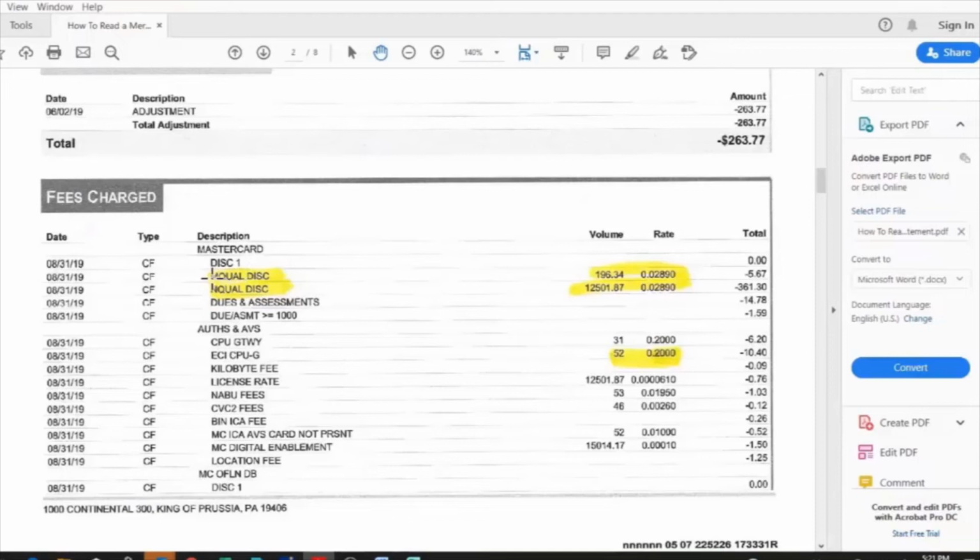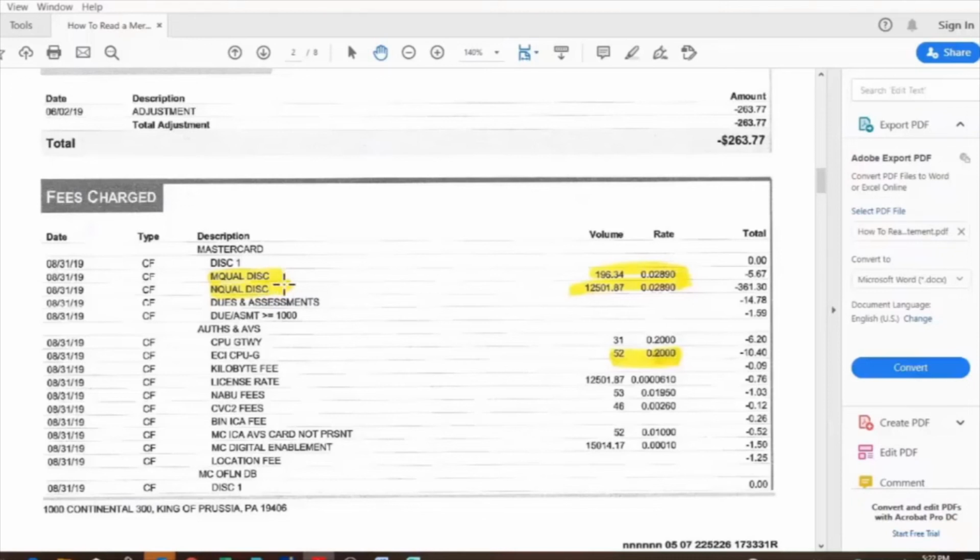Then the next category is mid-qual or mid-qualified, and that category is typically swiped rewards cards or keyed-in charge cards. Non-qualified or N-qual, as it is abbreviated here, is typically commercial cards, corporate cards, or keyed-in rewards cards.